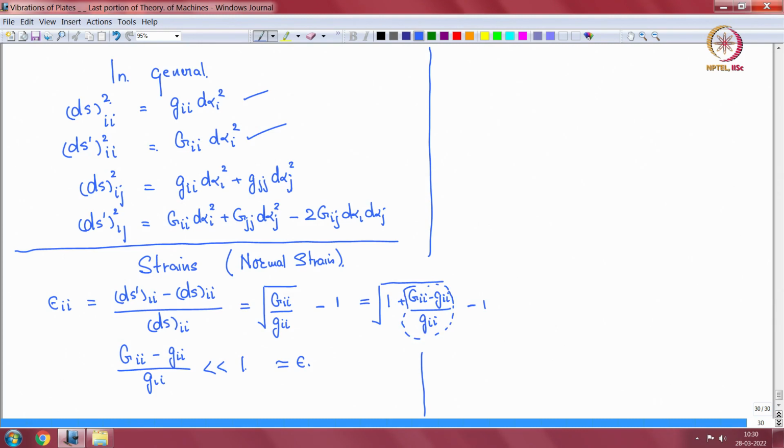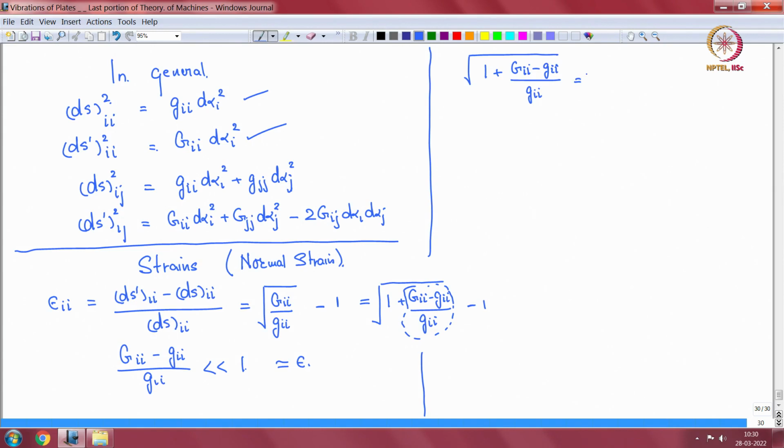So we have square root of 1 plus small gII minus capital GII by GII.